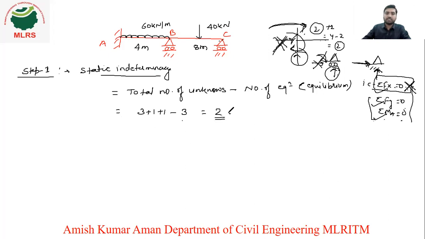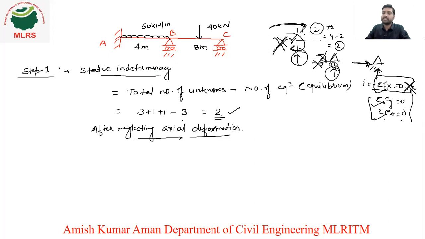So I have given this also, here I will write after neglecting axial deformation. If I am taking this axial deformation, it means we need not consider any force in x direction and we will not consider the reactions, means this equation of Fx is equal to 0, we won't consider this also, as well as we won't consider any reactions in x direction, right?